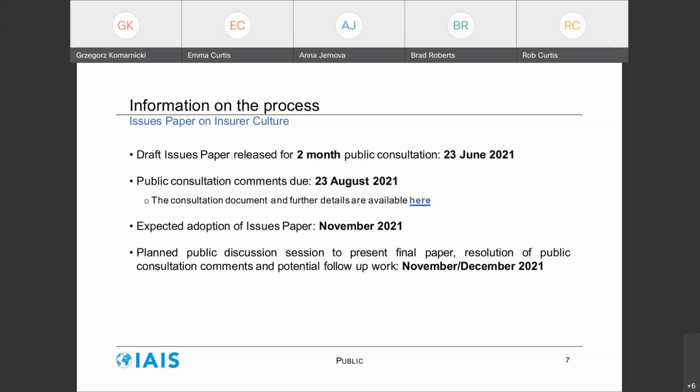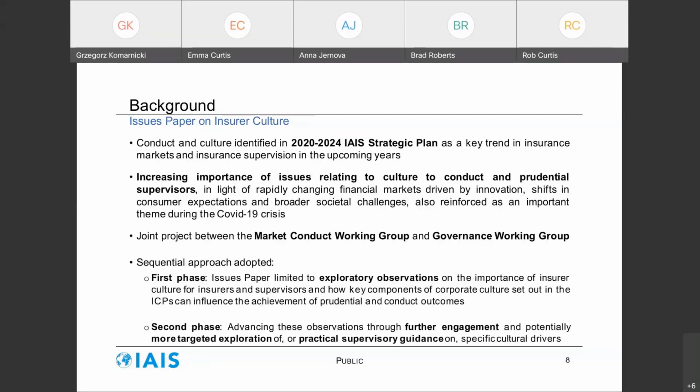Just by way of background, conduct and culture were identified in the IAIS strategic plan as one of the key trends in insurance markets and insurance supervision in coming years. Issues related to conduct and culture are becoming increasingly important to both conduct and prudential supervisors. This is particularly in light of rapidly changing financial markets driven by innovation, as well as shifts in consumer expectations and also broader societal challenges.